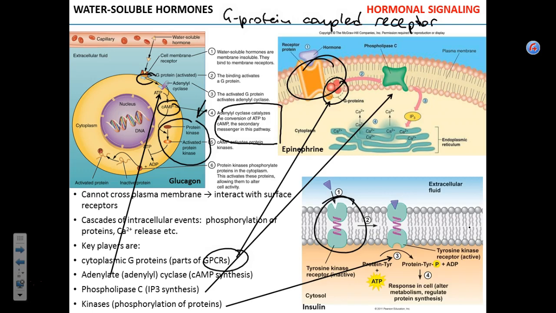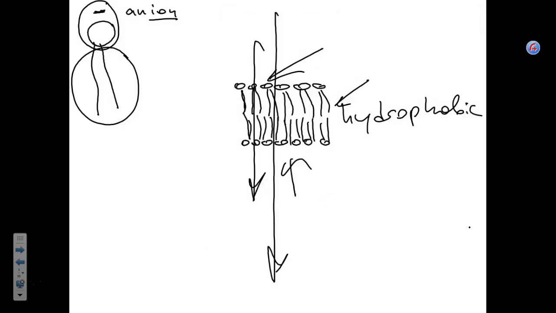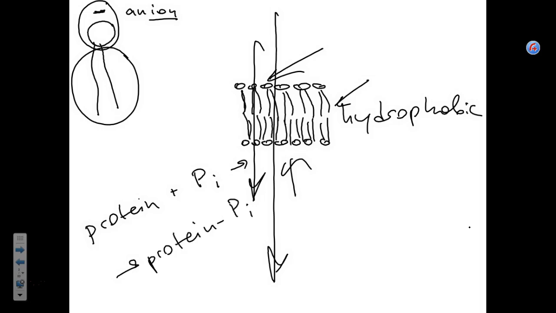A lot of new words, I know. Phosphorylation means that you have protein plus phosphate, which gives you protein with a phosphate attached. Kinase facilitates this process.